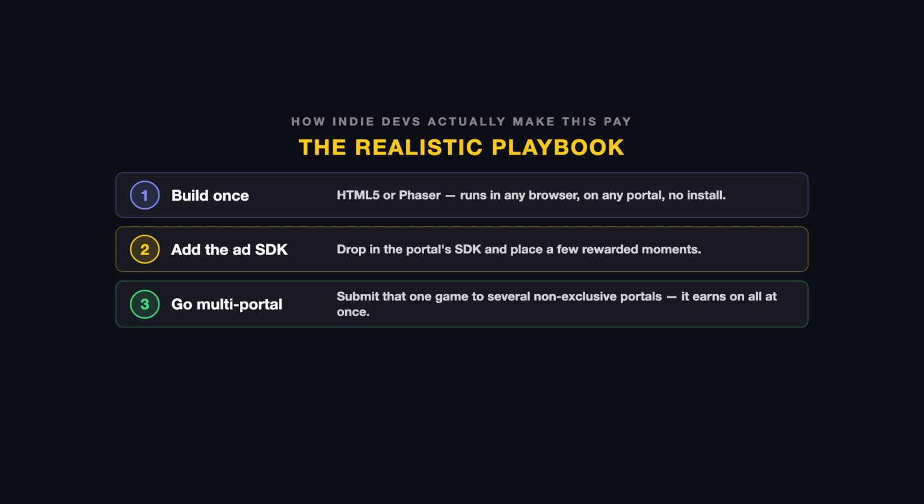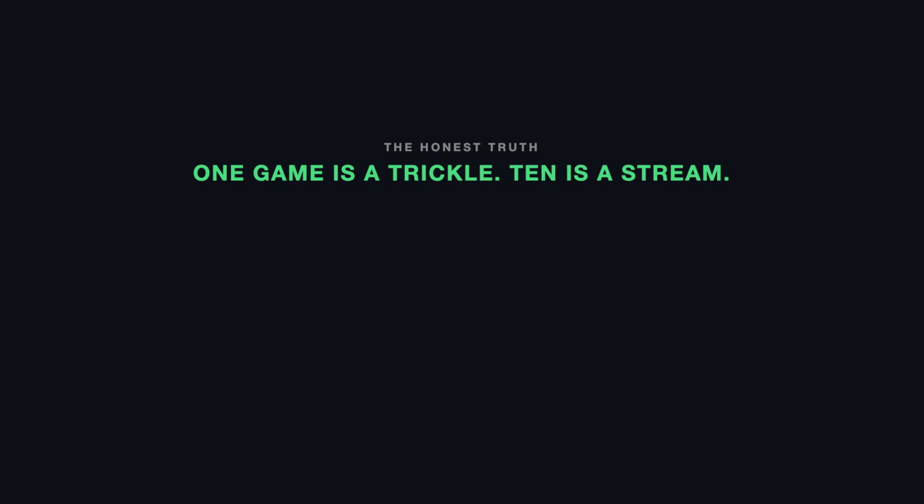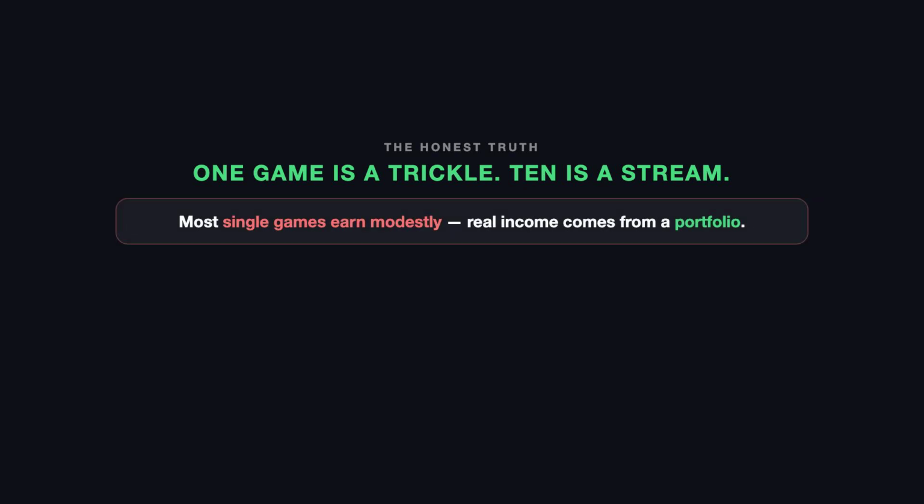Step 3. Submit that one game to several non-exclusive portals. Now it earns ad revenue on all of them at the same time. Step 4. Design for short sessions. Browser players arrive for a quick hit. Make it fast to start, easy to replay, with clear points to offer a rewarded ad.